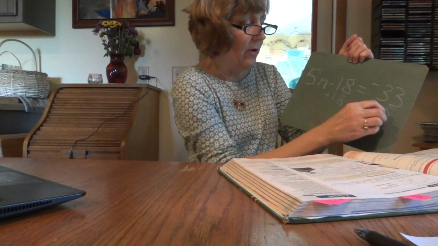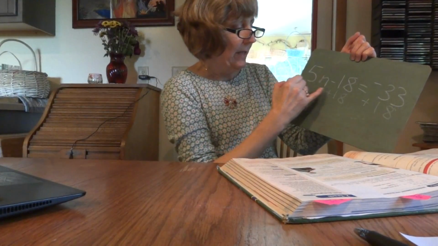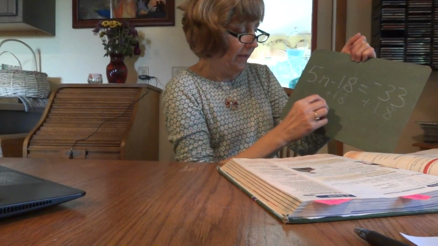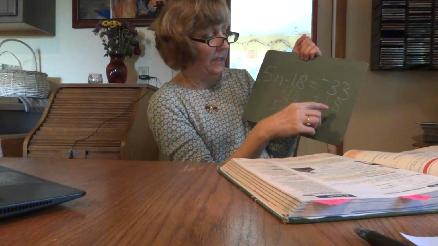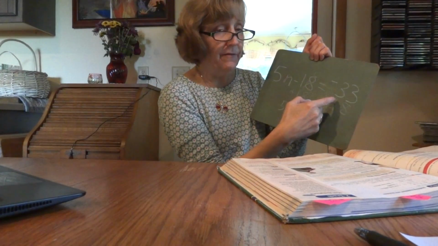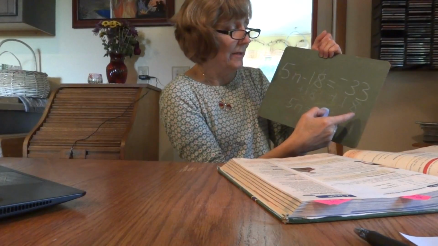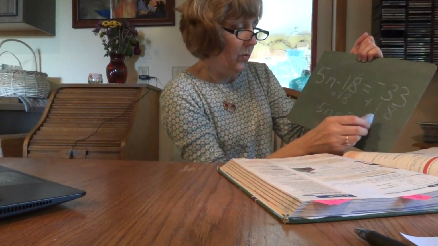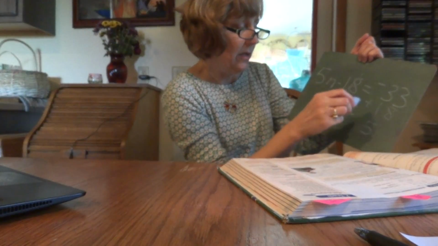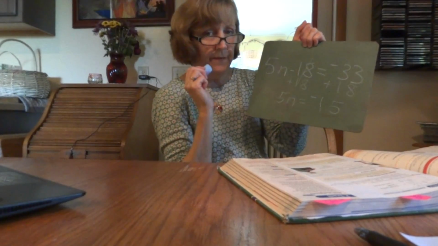Have to do the same thing on that side. So we're going to be left with 5n on this side. Minus 33 plus 18. Since the bigger number is negative, we will subtract, and the answer is going to be negative. So that makes that negative 15.